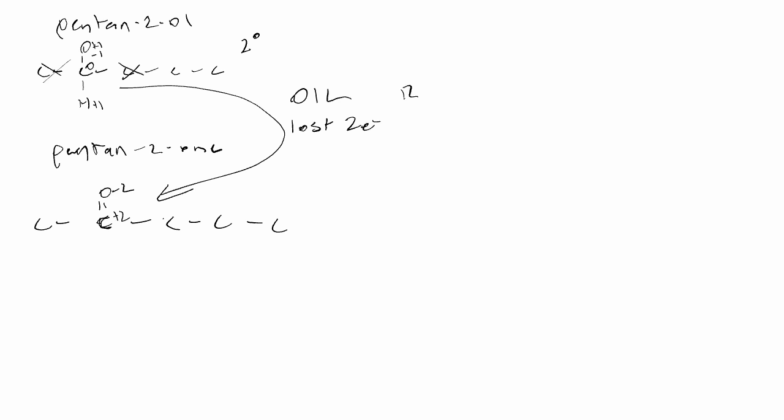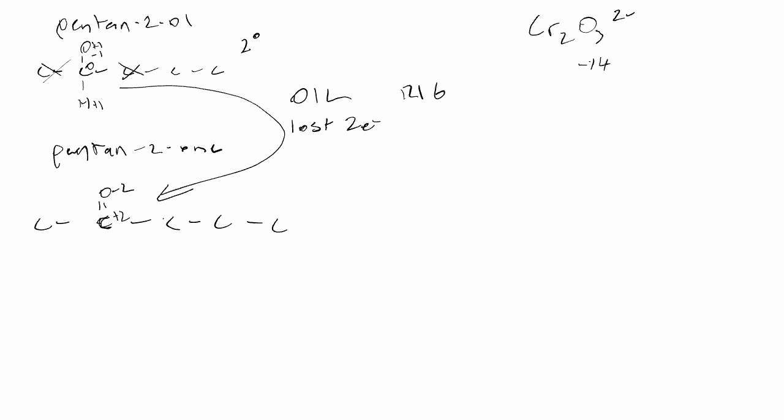And we need to do the rig, get your rig out, and we're going to do a reduction of dichromate, Cr2O7 2-. We've got 7 oxygen, so 7 times -2 gives us -14.